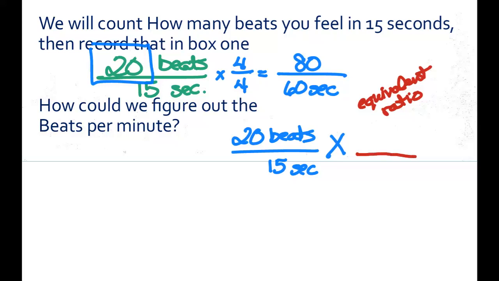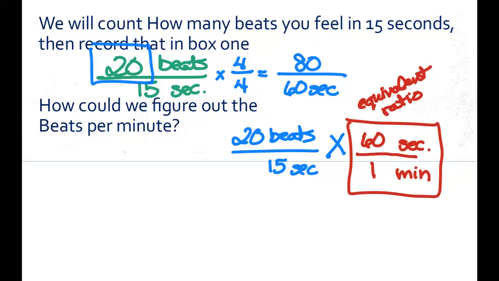So I want seconds to be up here on the top. I know there are 60 seconds in 1 minute. So this is my equivalent ratio because I know those are the same. And I put the seconds up on the numerator because I know the seconds here in the denominator and the seconds here are going to cancel out.